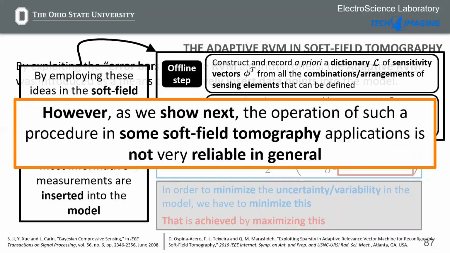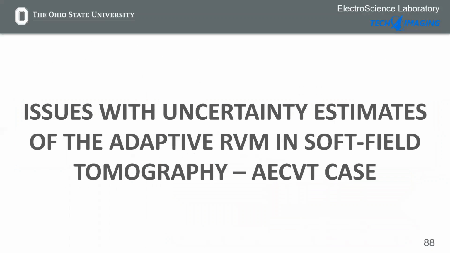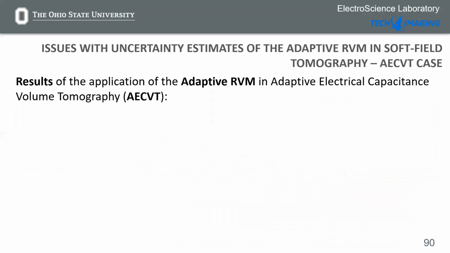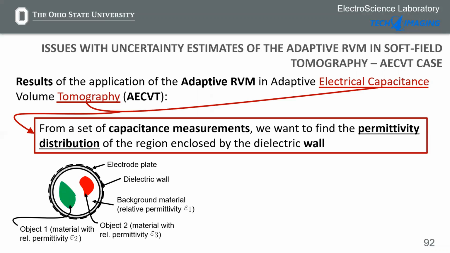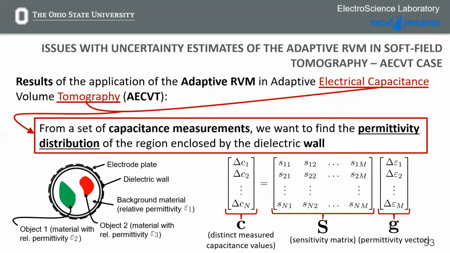However, as we show next, the operation of such a procedure in some subfield tomography applications is not very reliable in general. So the first case that we're going to look at is adaptive electrical capacitance volume tomography, which is simply an extension of the 3D version of electrical capacitance tomography, where we take capacitance measurements at the boundary to reconstruct the permittivity distribution in the domain.